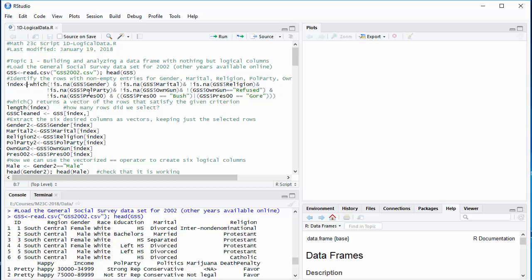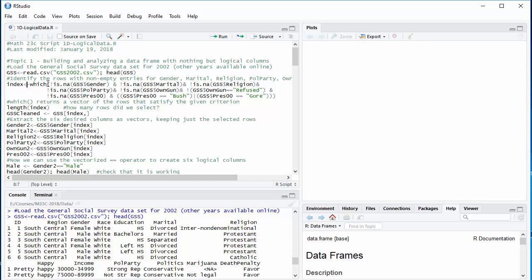They tell us, or they make available, who they voted for in the Bush versus Gore election in 2000. And furthermore, they either voted for Bush or they voted for Gore. I'd forgotten briefly about Ralph Nader, but this will eliminate the rows corresponding to people that voted for Nader.